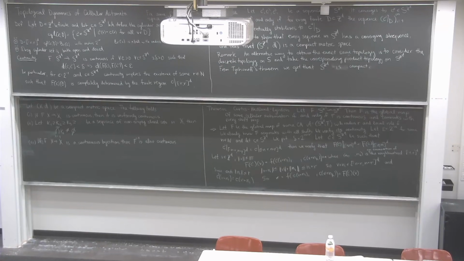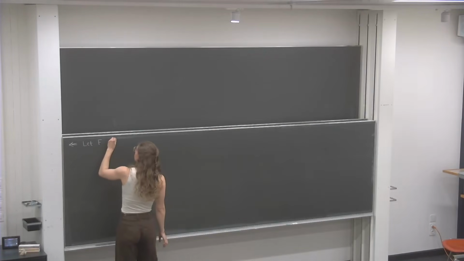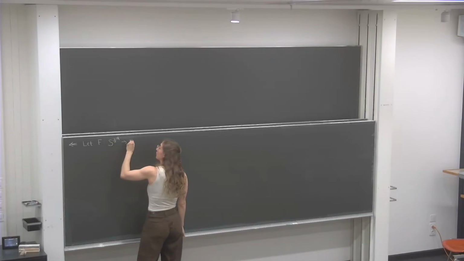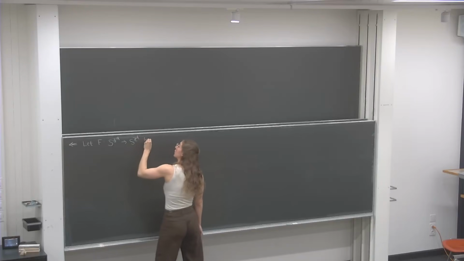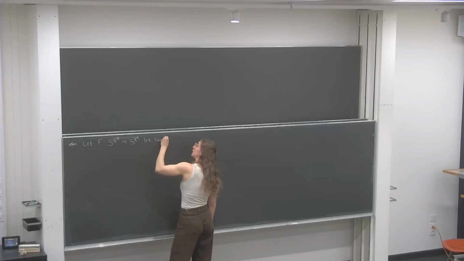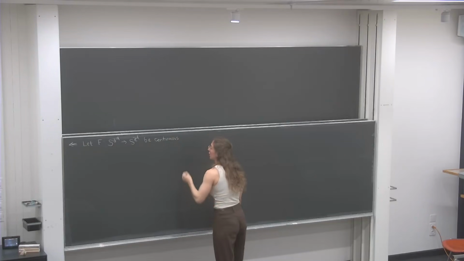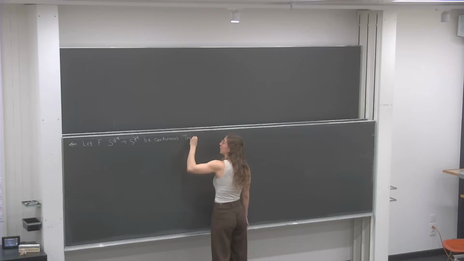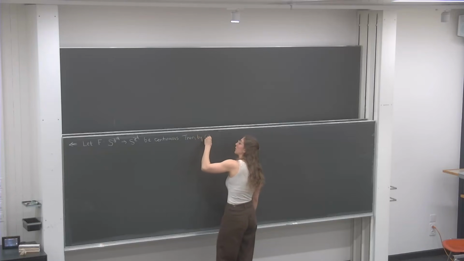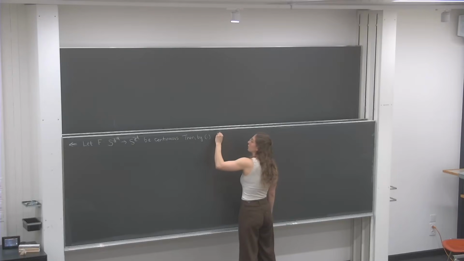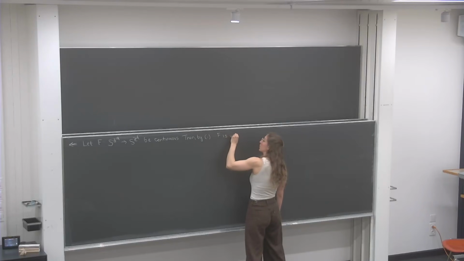So the opposite implication is not much harder actually. So let F be continuous. Then, since we have a compact metric space, F is uniformly continuous.